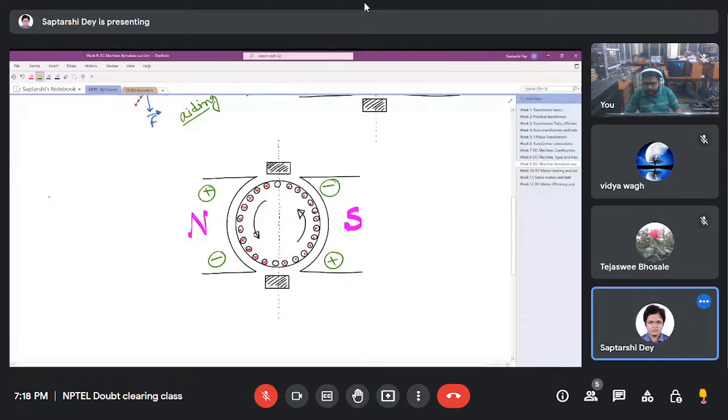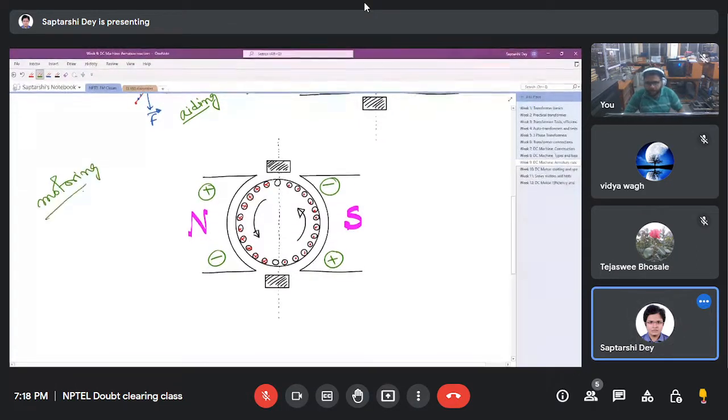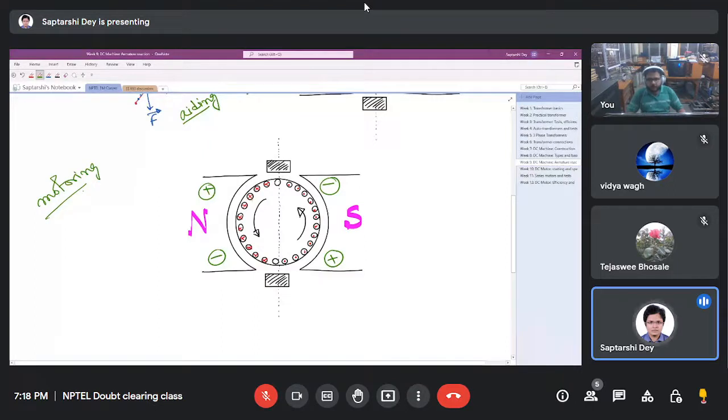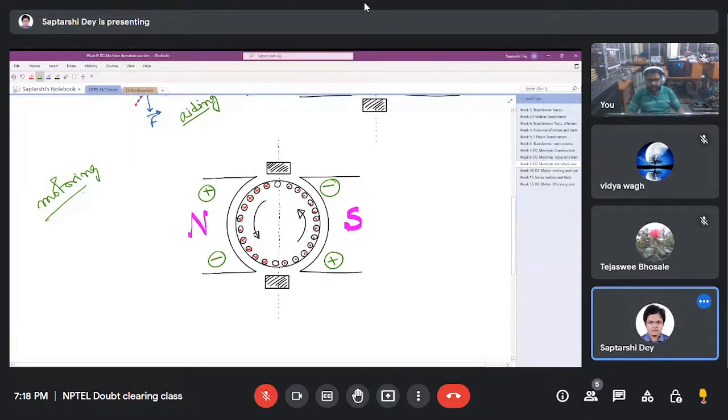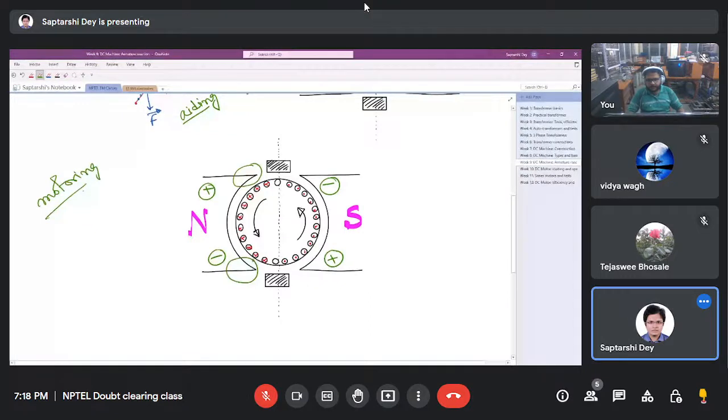We see that in motoring mode, now we will name the tips of the pole. Let us take the north pole. The north pole has two tips. One tip is this one and the other tip is this one. The rotor is rotating in this fashion.